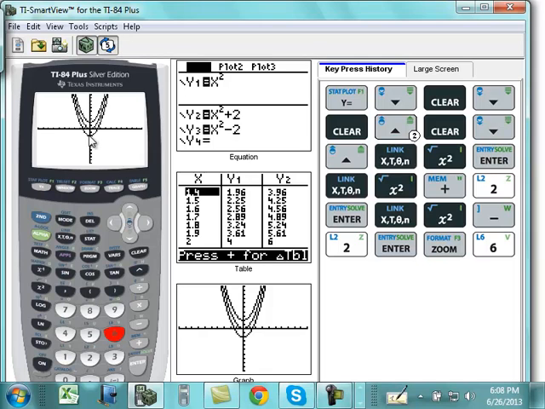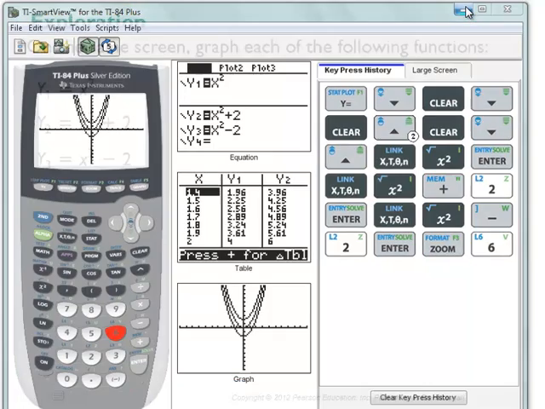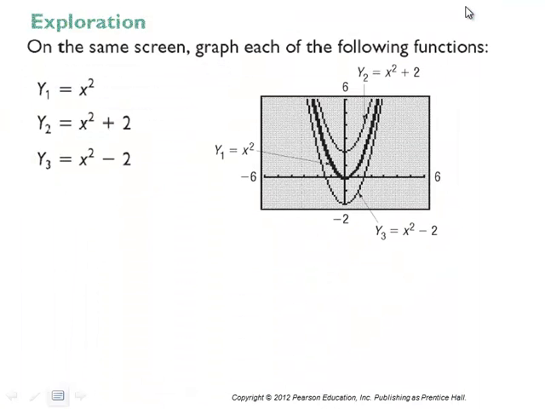This one down here is the graph of x squared minus 2. So you can imagine what x squared plus 5 and x squared minus 10 or whatever looks like. It's just the parabola but shifted so many units up or down depending on how much you're adding or subtracting. So there's the graph of what we just did.